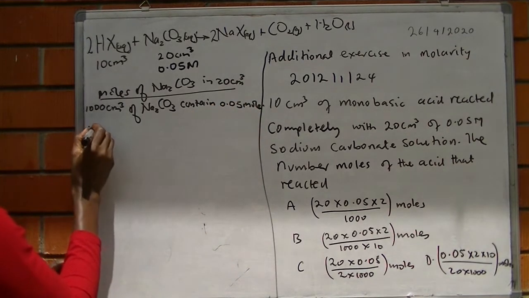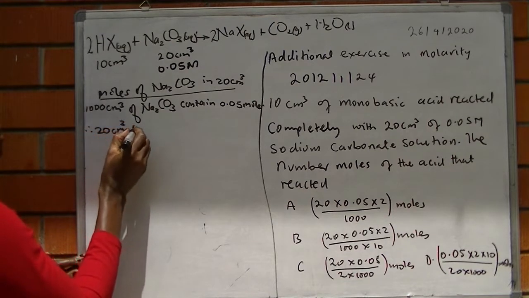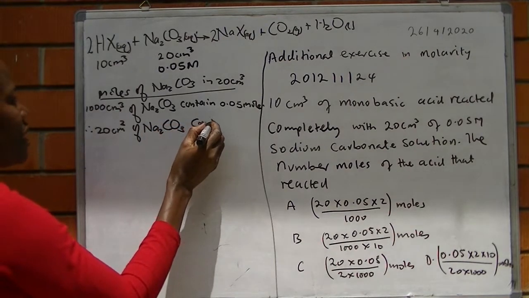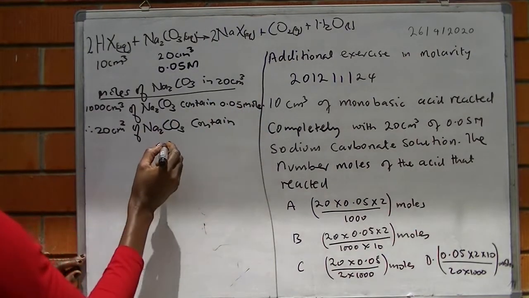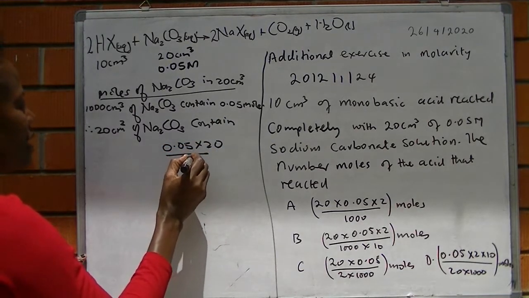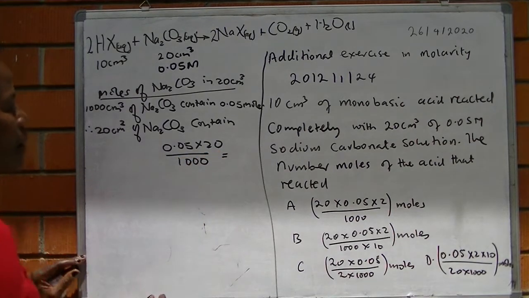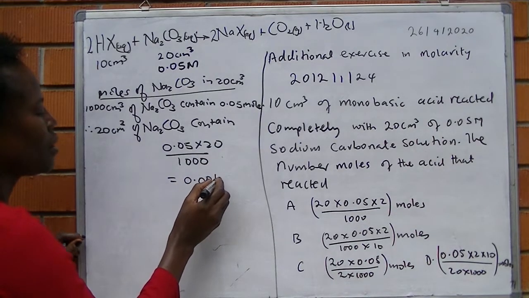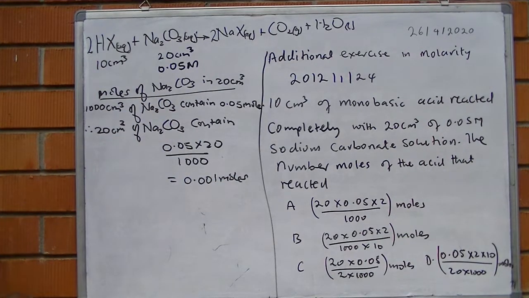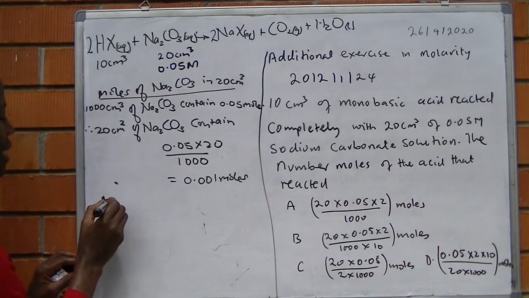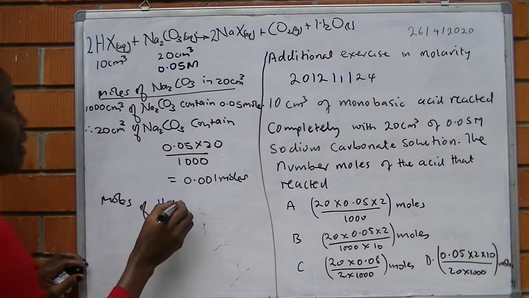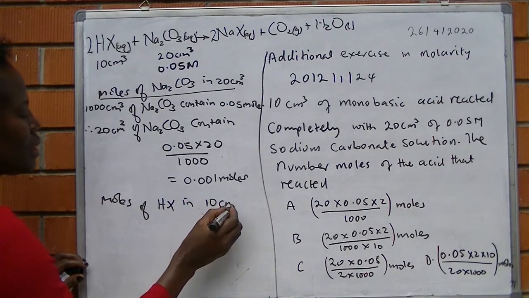What about 20 cubic centimeters of sodium carbonate will contain, we cross multiply 0.05 times 20 and then divide by 1,000, and the answer is 0.001 moles. So these are the moles of sodium carbonate in 20 cubic centimeters.